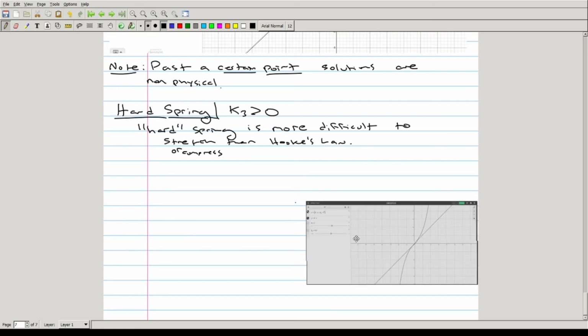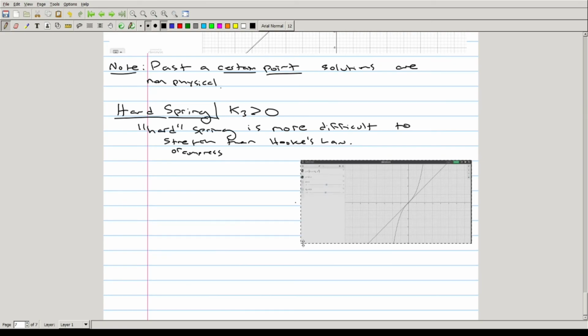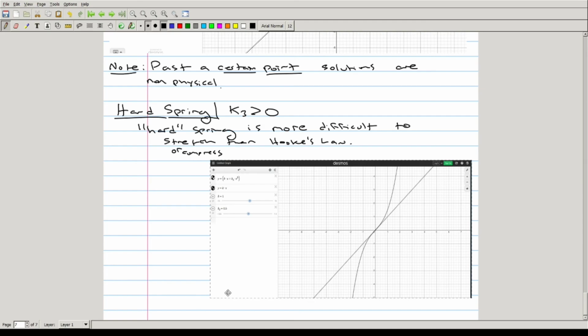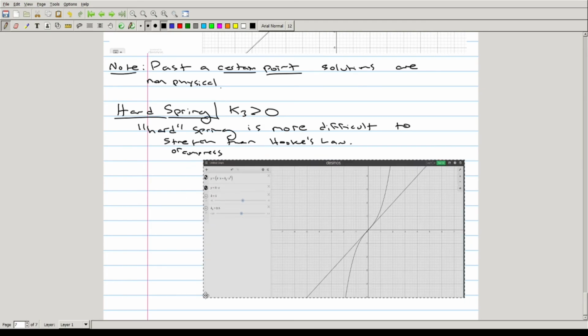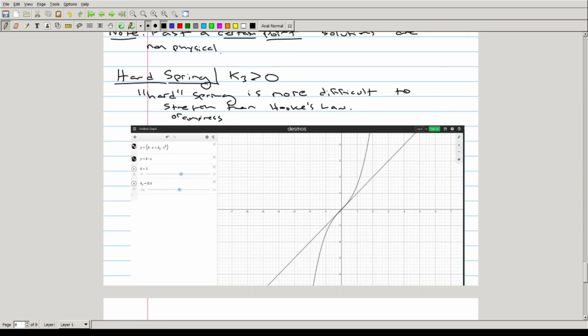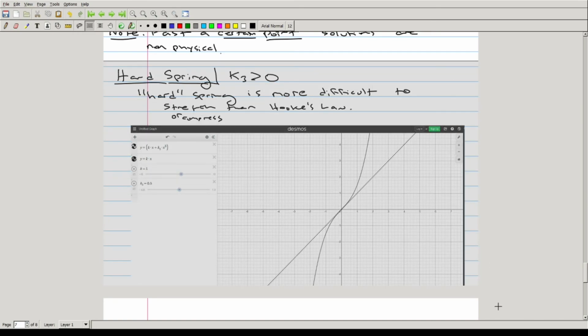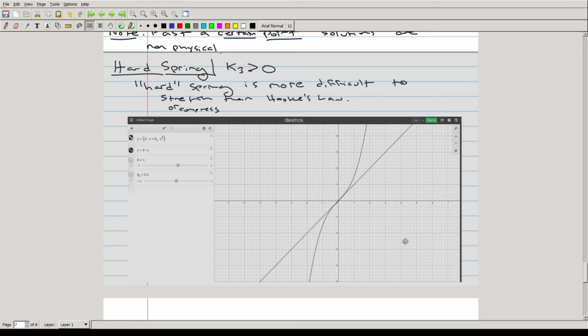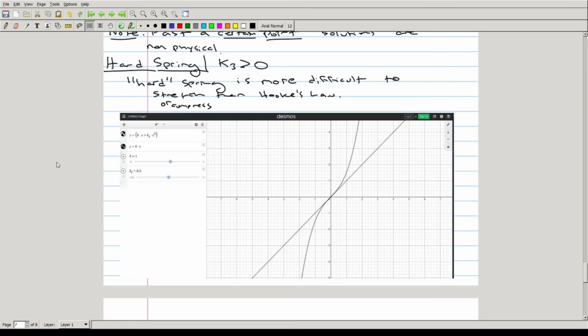And just like before, you've got a nice plot that I made in Desmos to visualize this. So we have a plot of the function kx plus k3x cubed for k equals 1, k3 equals 0.5.